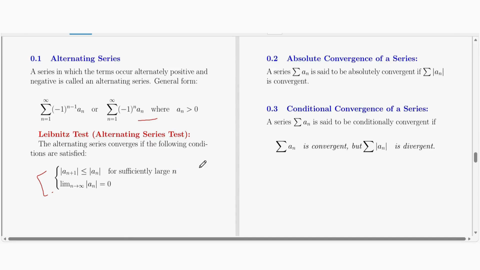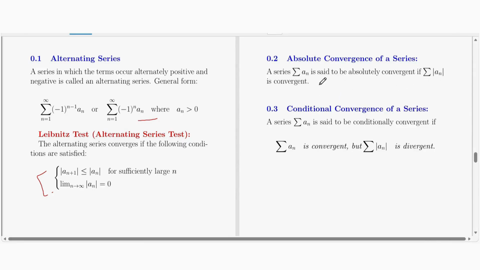Next, if an alternating series is given, we need to check whether the given series is absolutely convergent or conditionally convergent. How to check? A series a_n is said to be absolutely convergent if the series |a_n| is convergent.